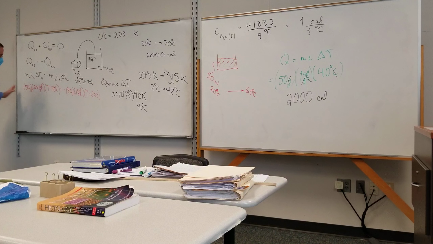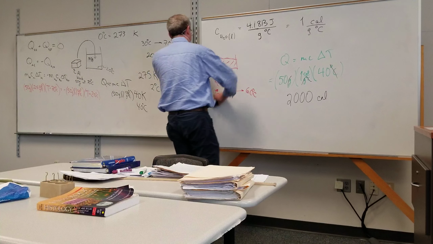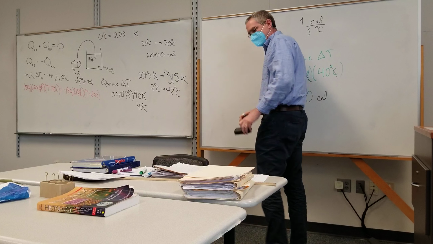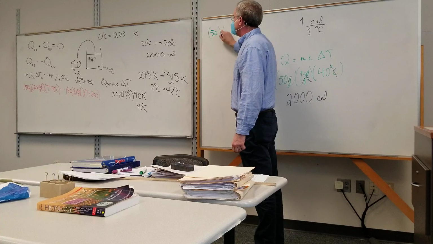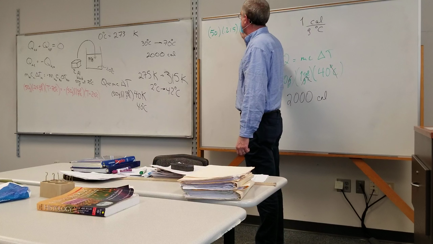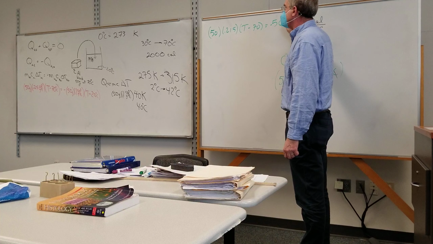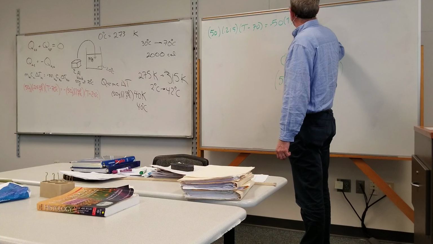Okay. So I'm just going to rewrite this except make it look more like a math equation. So I'm just not going to write my units. So I have 50 times 0.215 times (t minus 70) equals negative 50 times 1 times (t minus 20).